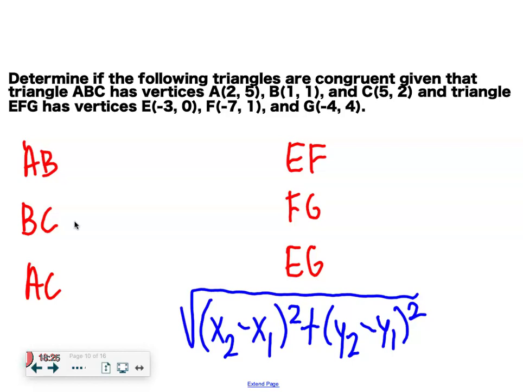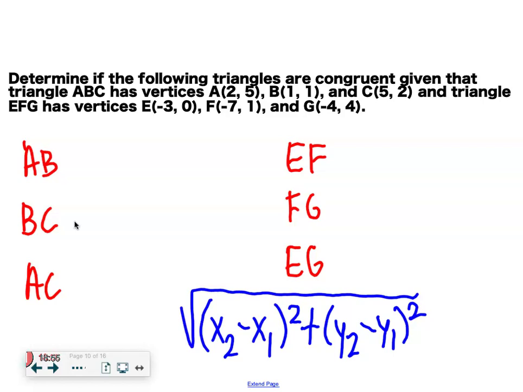The square root of 17 is 4.123. A side length can't be 0.